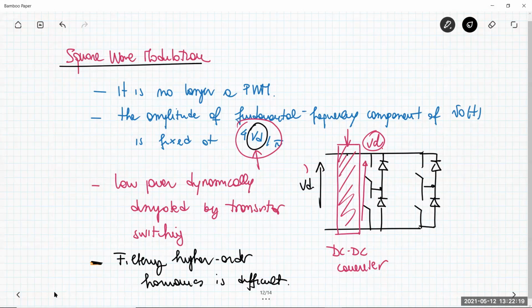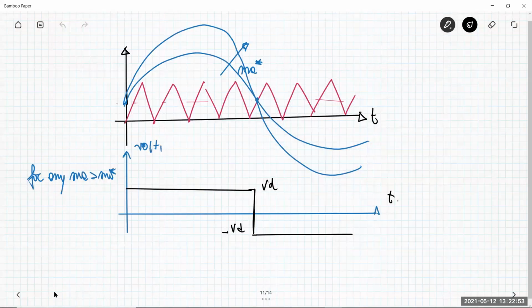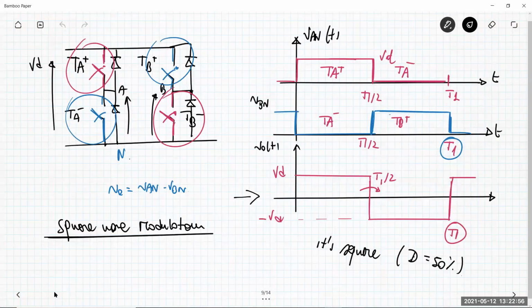Now, this means that this kind of solution will typically be employed for applications in which you are not too worried about ripple in the output current, ripple in the torque, vibration, acoustic noise, etc. And this property, that you have very low power dissipated dynamically, suggests that you can use this kind of modulation, square wave modulation, for applications that manage very high power rating for the power delivered to the load, in which you are employing transistors or thyristors that are very slow.